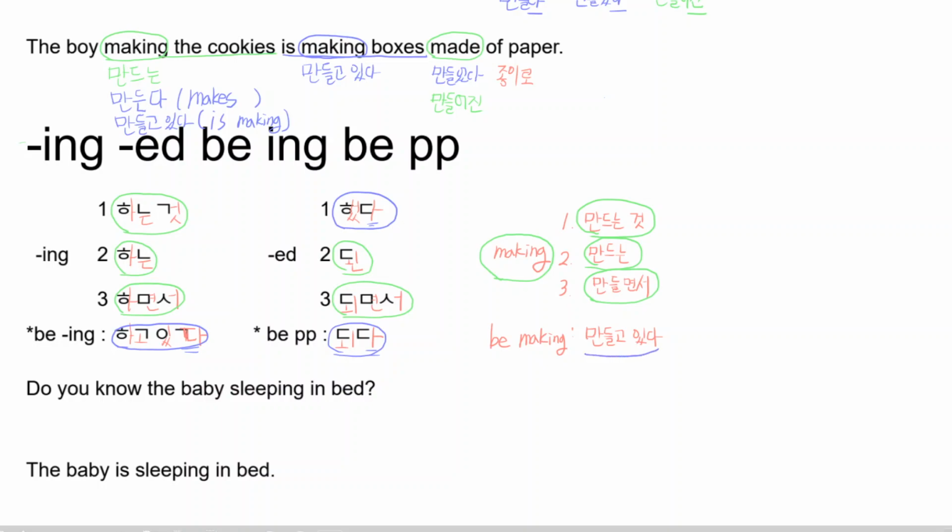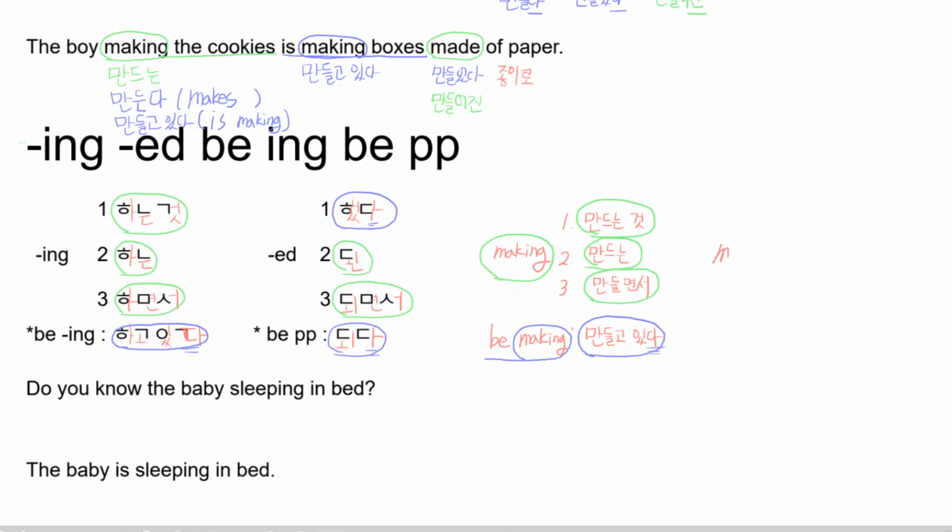However, 만들고 있다 is marked with blue because it ends with 다. It's an actual verb. So be making is always a finite verb.